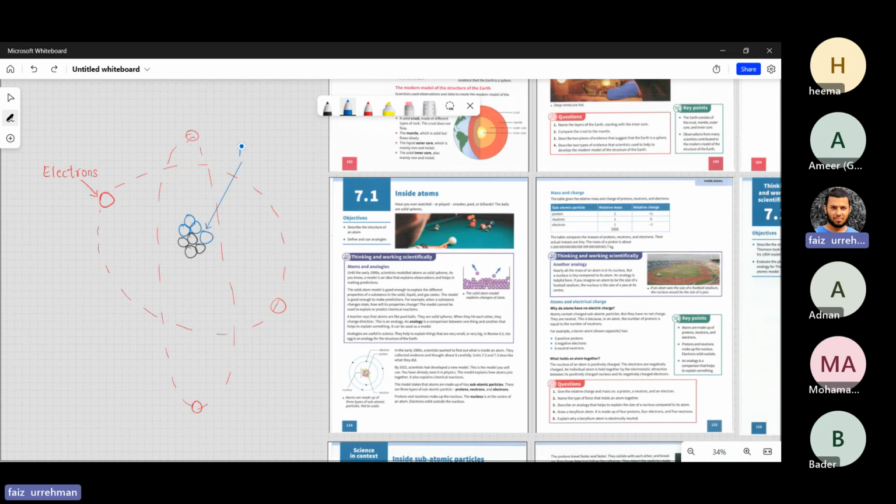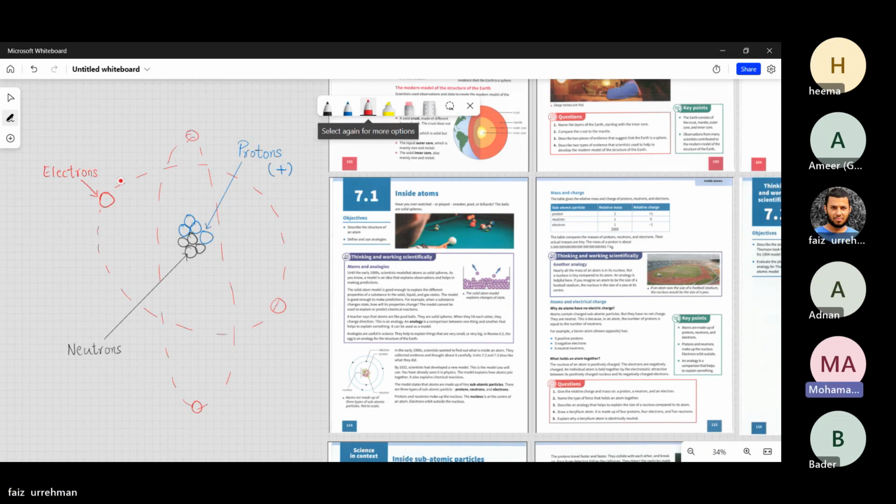So at the center you will have protons along with neutrons. Protons have a positive charge, electrons have a negative charge, and neutrons are neutral; they don't have any charge.